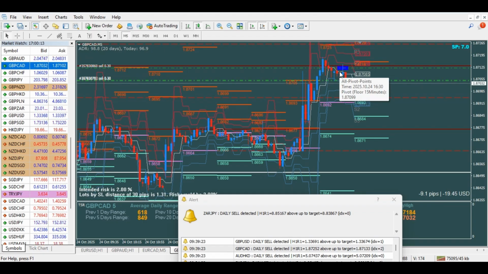Average prices are descending and value is being found below the average price that has descended, which means the perception of value is a price at lower prices because the market is finding value at lower prices. The market is transacting at lower prices, meaning it's finding value at lower prices.